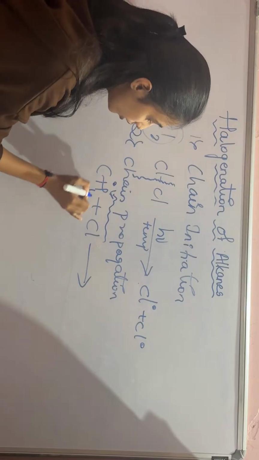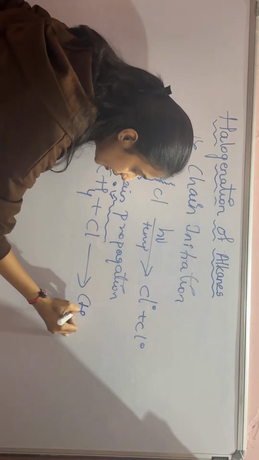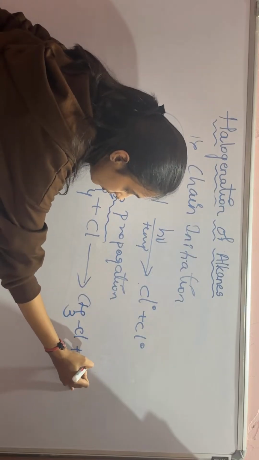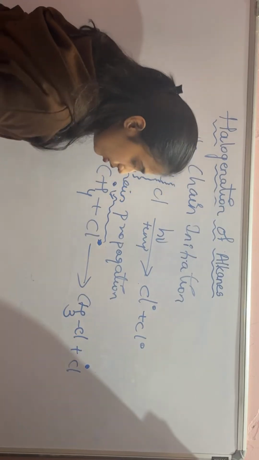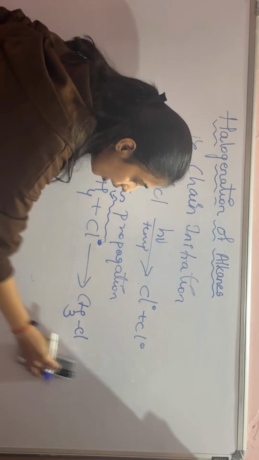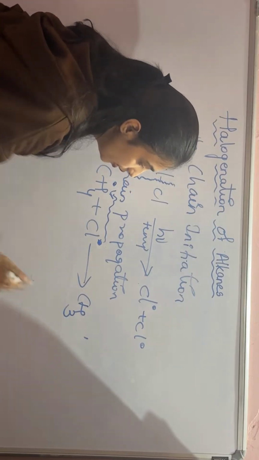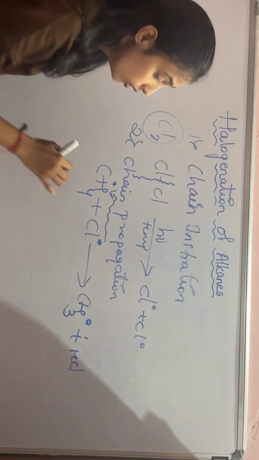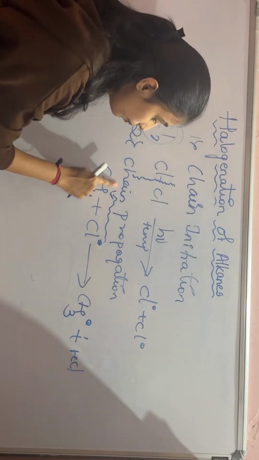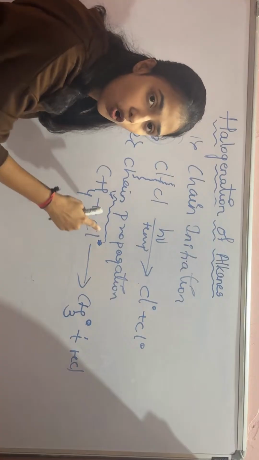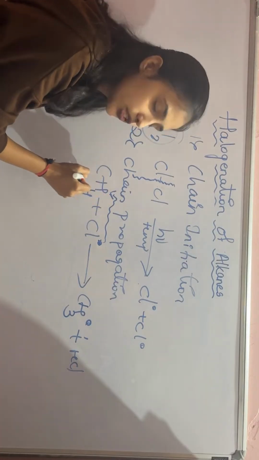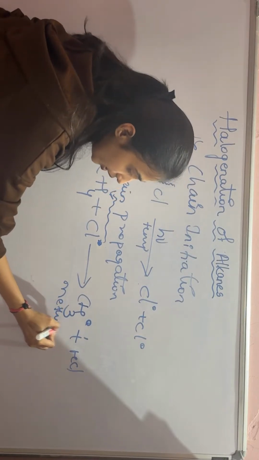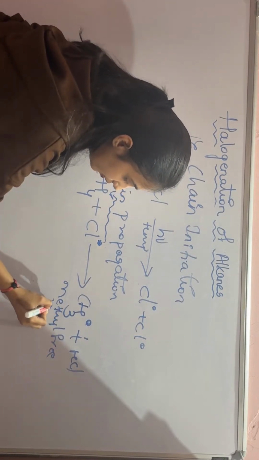So once it is formed, we are getting CH3 free radical and HCl. Whatever the previous free radical was on the chlorine, now it has been transferred to your methane to form methyl free radical.